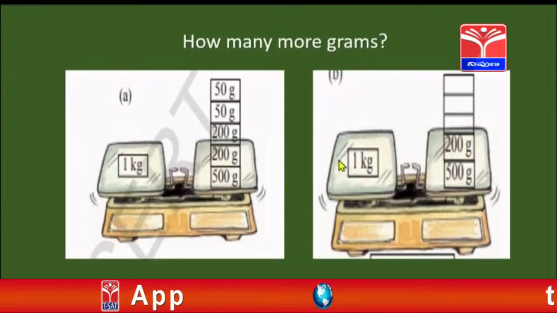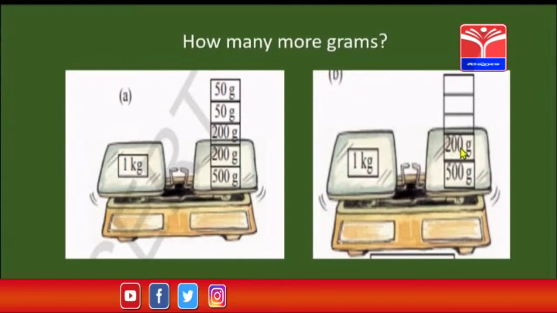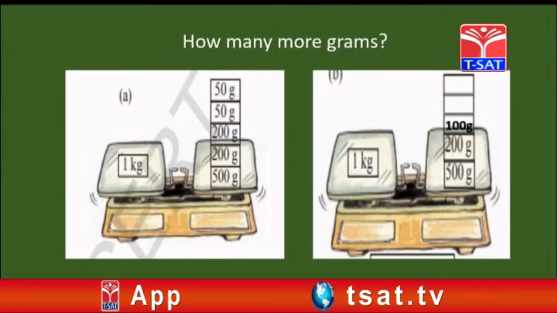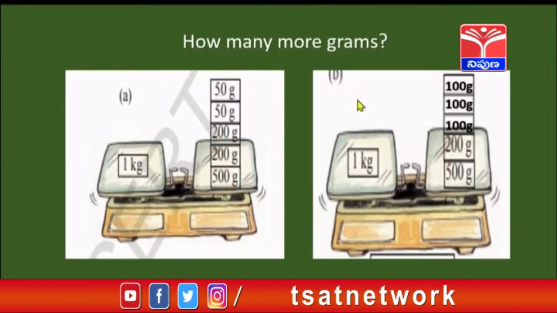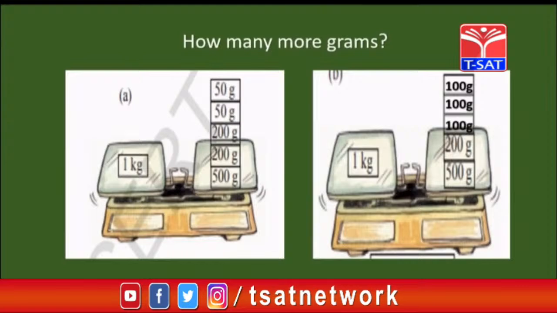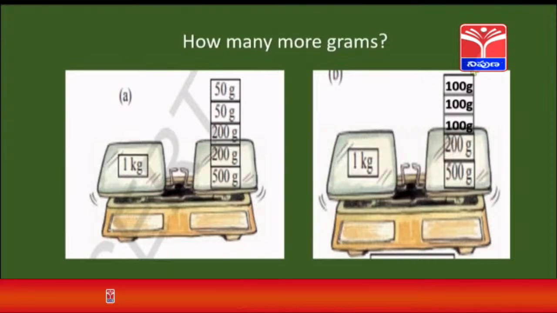Here on one side a 1 kilogram weight is kept and on the other side only two weights have been kept, 500 grams and 200 grams. And what would be the remaining weight to be kept here? Yes, we can keep 100 grams, 100 grams and 100 grams to make it 1000 grams. Children, in this way we can balance 1 kilo of weight in many other ways.